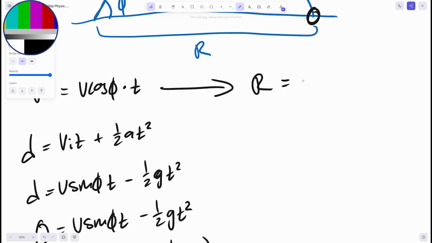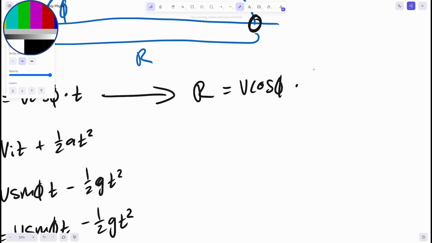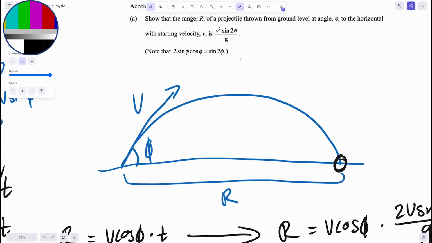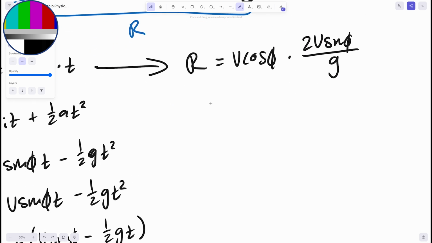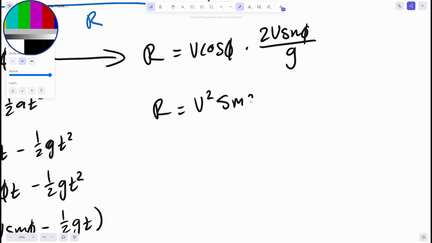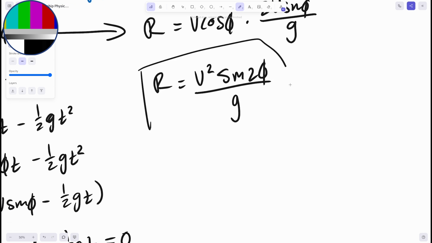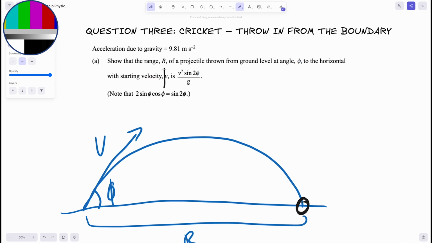Our range is equal to v cos phi times 2v sine phi all over g. Now, understanding our trig identity up here, we have that trig identity within here. And so our range is equal to v squared, which is v times v, sine 2 phi all over g. And as you can see, that is the equation that we're trying to find.